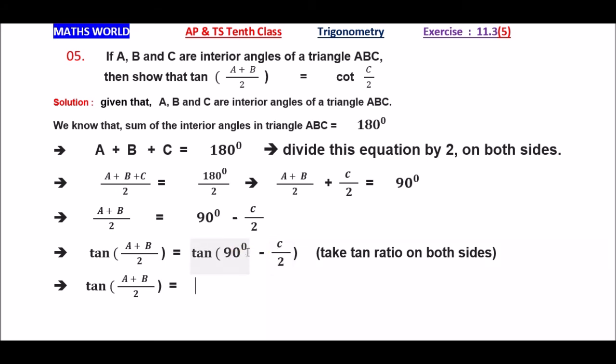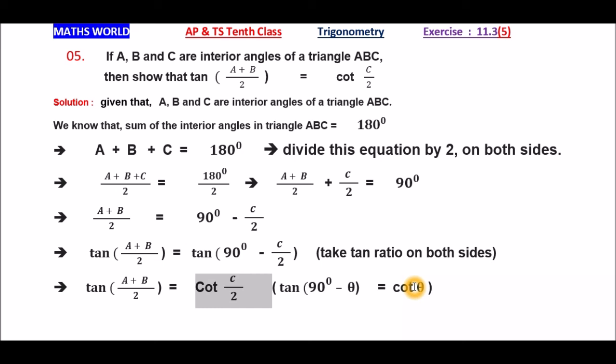We know that tan (90 minus theta) is equal to cot theta. So tan (90 degrees minus C/2) is cot C/2. So now see the question, tan (A plus B)/2 is equal to cot C/2. So hence proved.